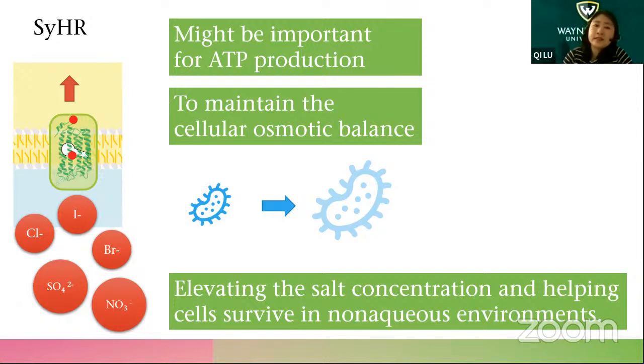Another possibility is that it can maintain the cellular osmotic balance, because between different conditions, this microbe might change its shape. It becomes larger or it will shrink. So all this requires a balance of the cellular osmotic pressure.